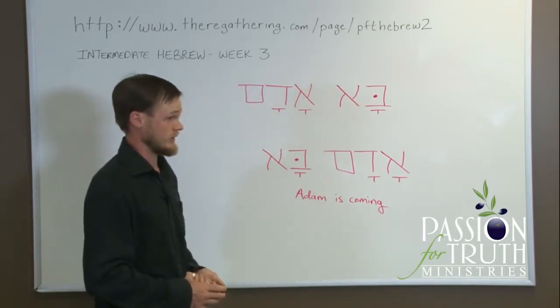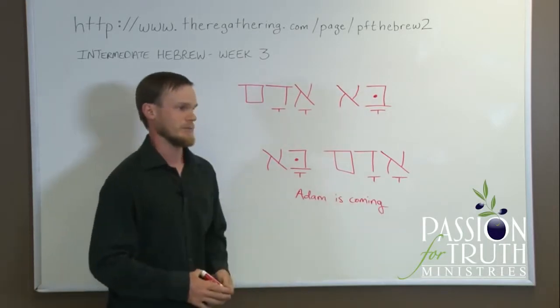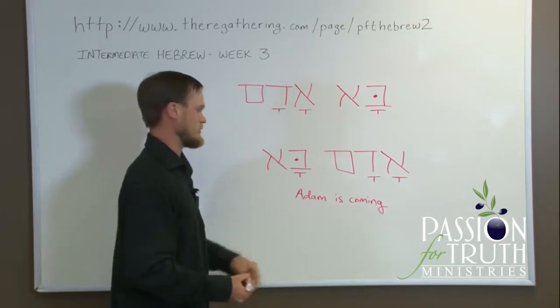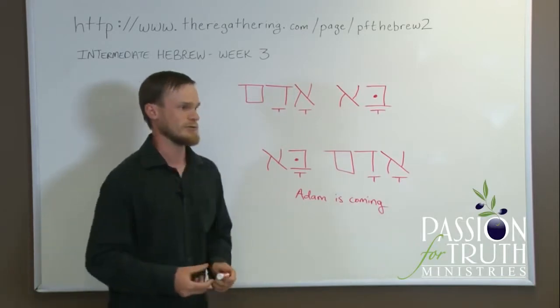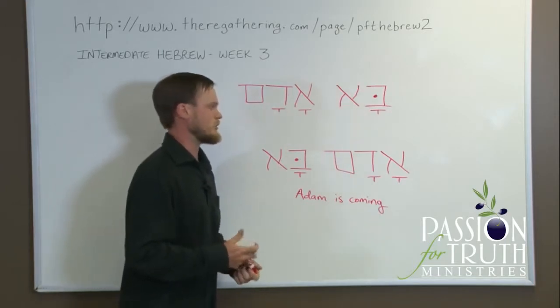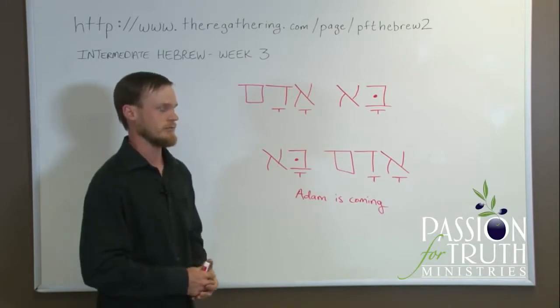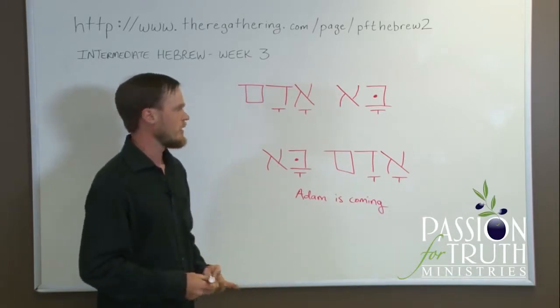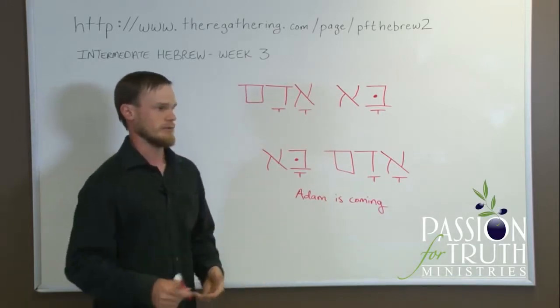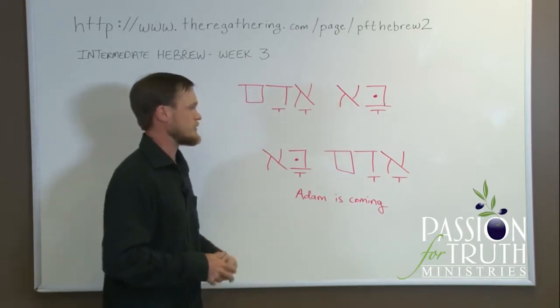It's a nuance you'd only see in Hebrew, because how else are you going to say that Adam is coming? I guess you could underline one of the words to draw attention to it, but it's just a nuance. It's just like when we put stress on a word in an English sentence by vocalizing it. That same stress you don't get in writing unless perhaps you italicize it, but it doesn't change the literal meaning.